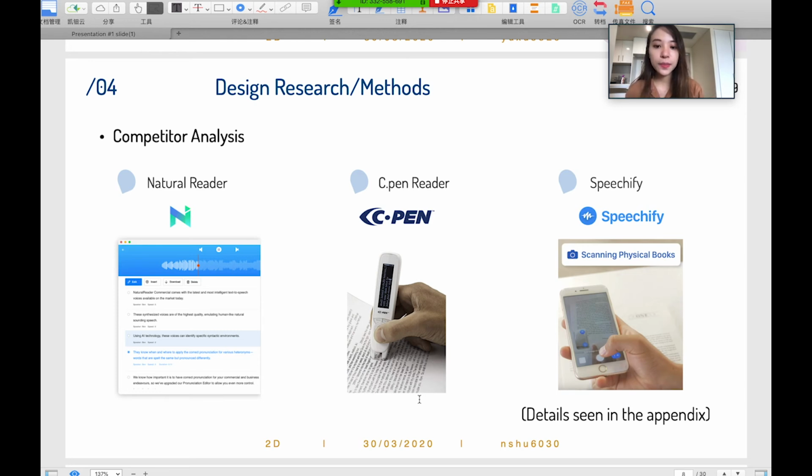Files can also be scanned into the computer, and it has a translate function. The last one is Speechify, an app to scan books or import files. It has more than 15 languages with switchable reading speed. But the last two products cannot edit words shown on screen or change background color and font size.